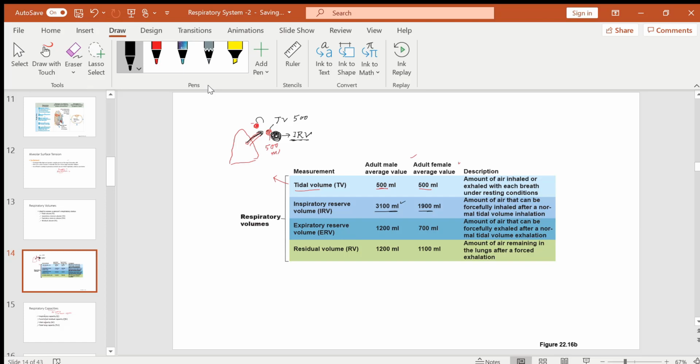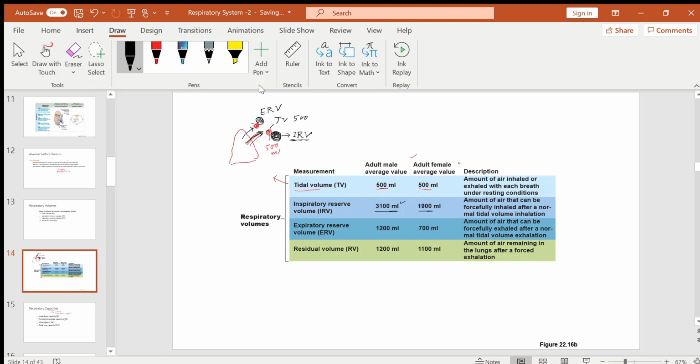This is the forceful, additional amount that you can forcefully expire. That is called the expiratory reserve volume. Okay, so the reserve volume is the amount we don't use normally, but when we need, we can use. That's why it is called reserve.